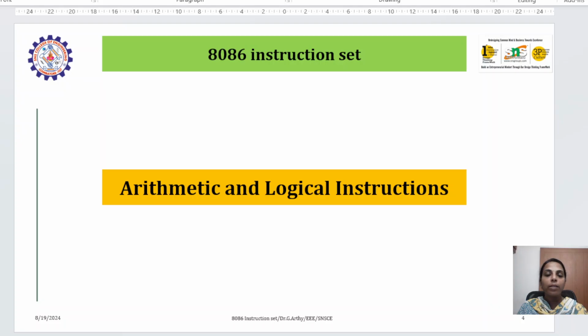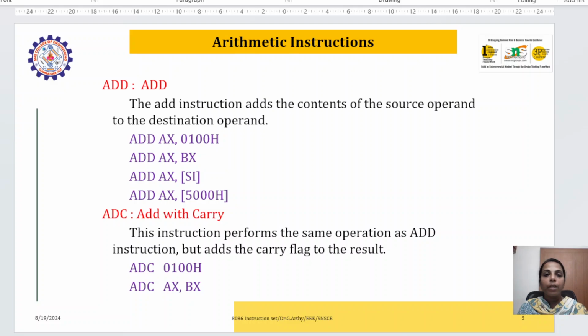In today's lecture, let us discuss arithmetic and logical instructions. A microprocessor is a processor and its basic task is to perform arithmetic and logical operations.